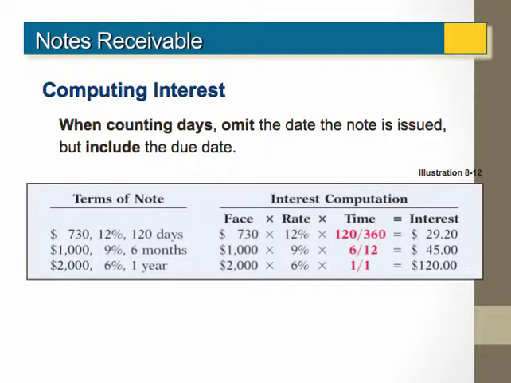Does that mean we're losing interest? In the short term, possibly we might be losing interest, but in the long term scheme of things, this makes the calculation much simpler. Notice here, if it's in months, we use the denominator of 12, and if it's in a year, we use the denominator of 1.